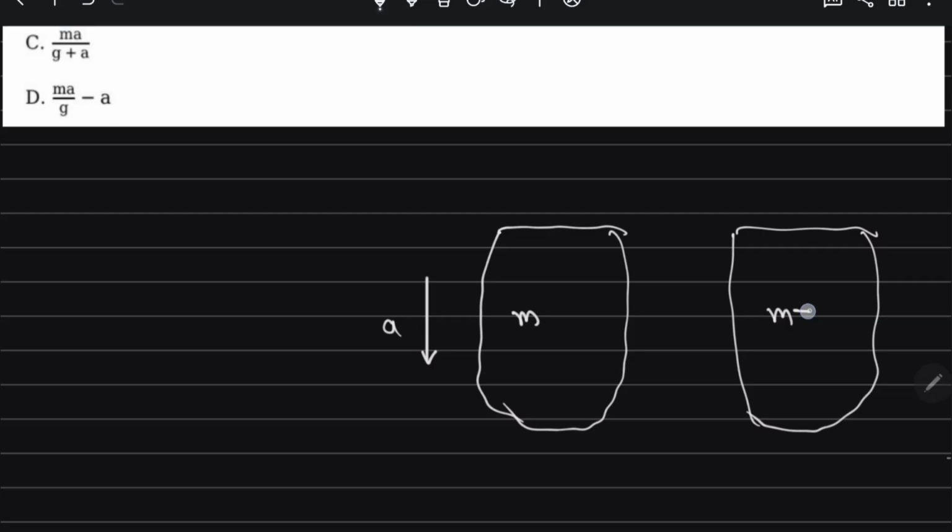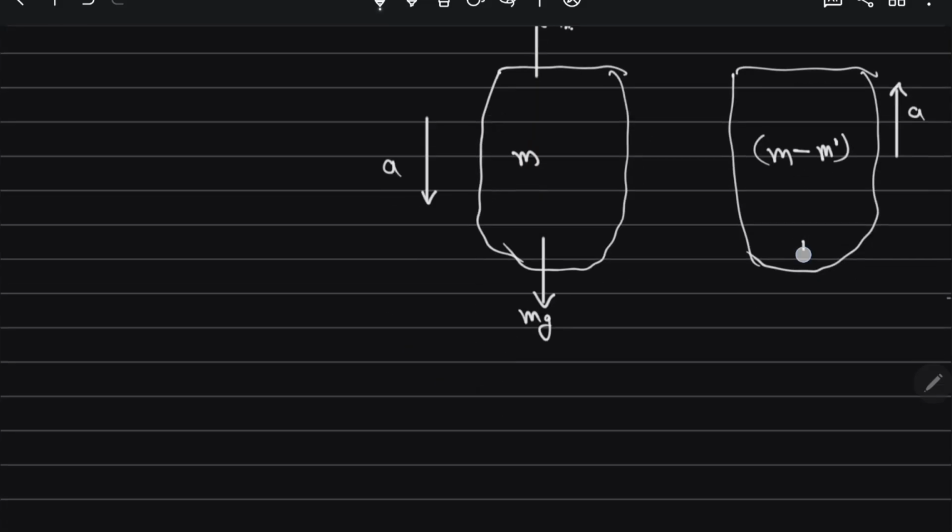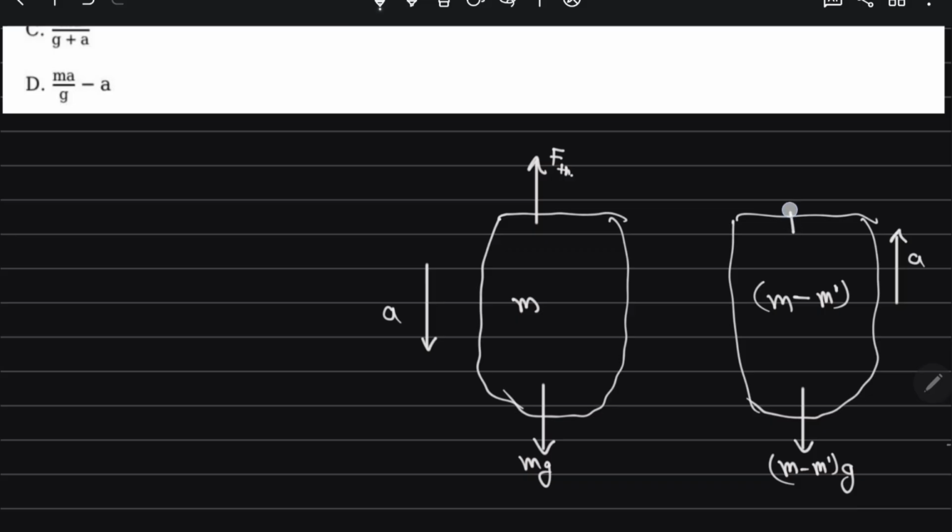How much mass should be removed so that it starts moving upwards? So I have to remove some mass, that I say m dash, so it starts to move upwards. So mg force acts downwards, and the upthrust force acts upwards. In the second case, the weight is m minus m dash into g, and the upthrust acts upwards.